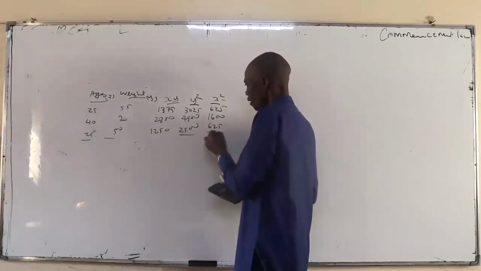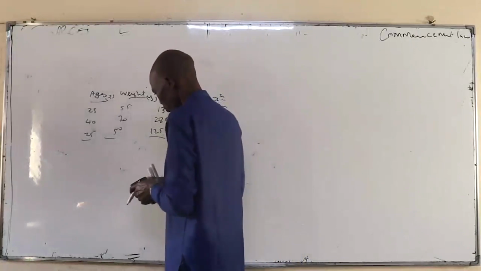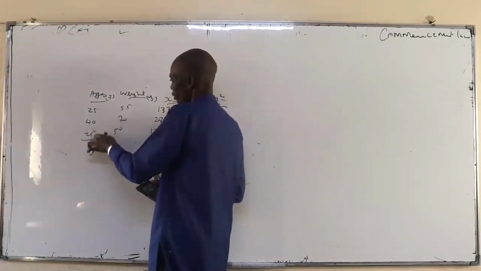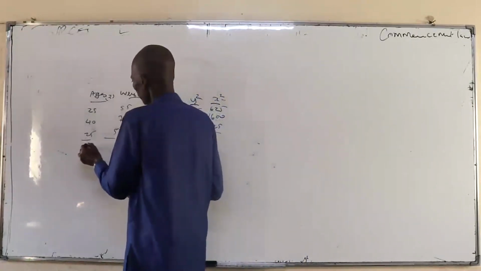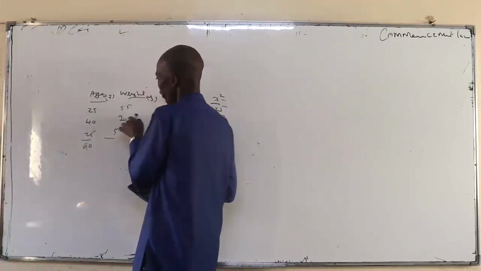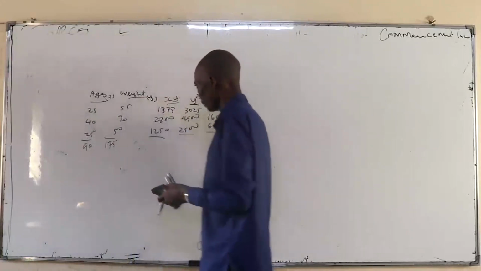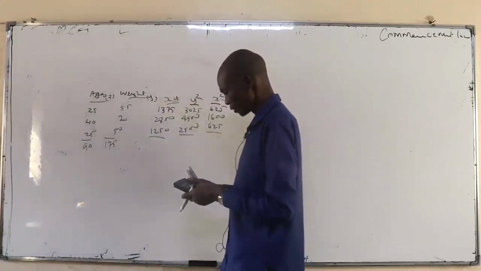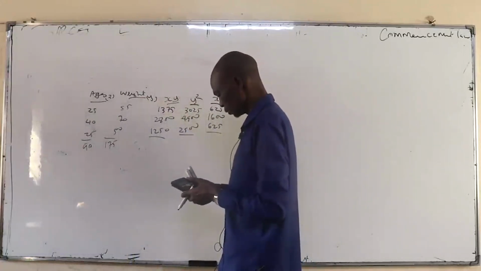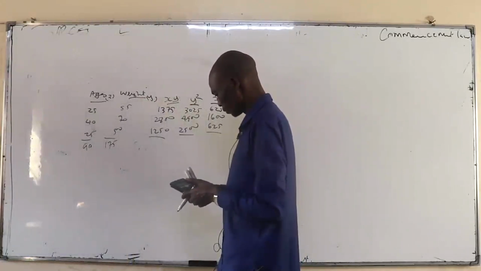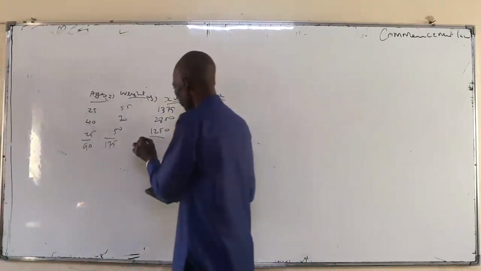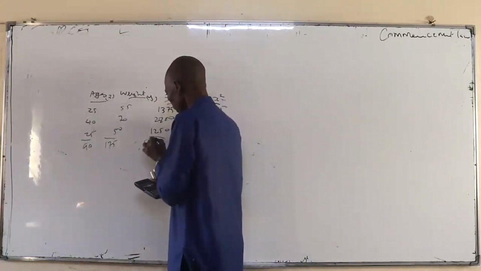So you simply have to add this up. So we have 65, 90, 175 for the sums of x and y. The sum of xy is 1375 plus 2800 plus 1250. That gives you 5425.